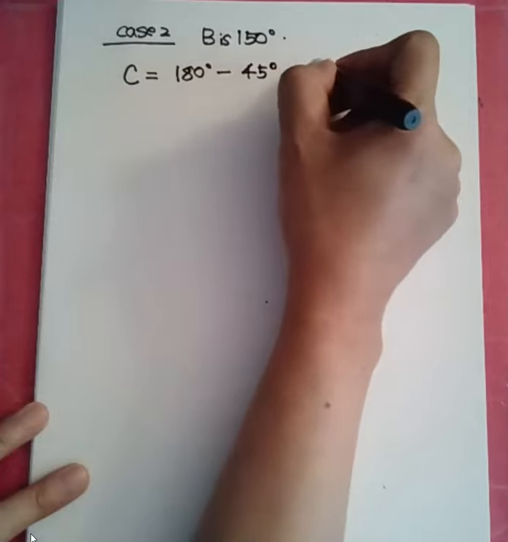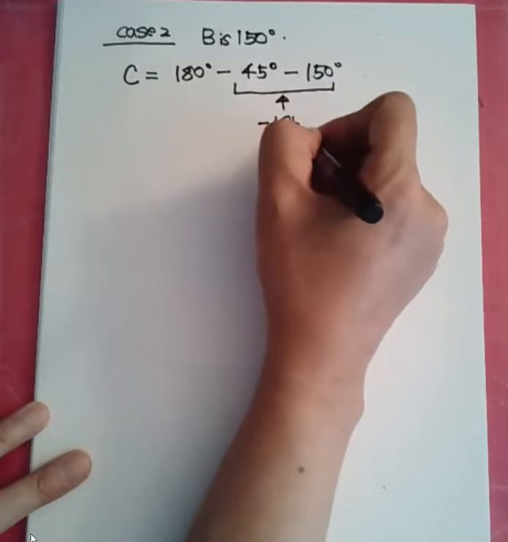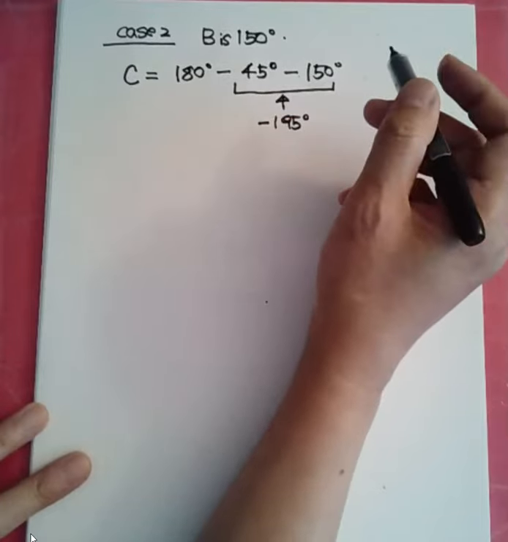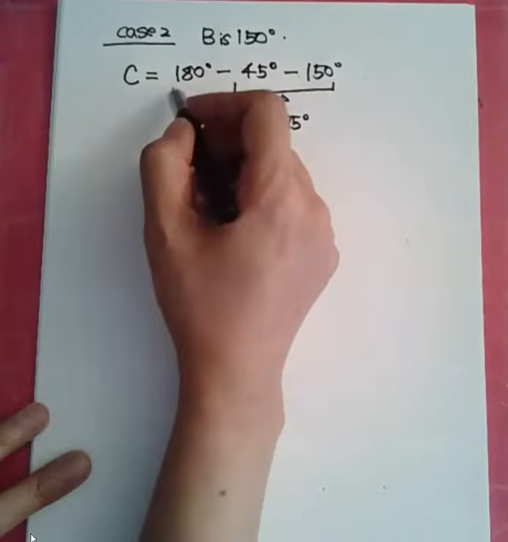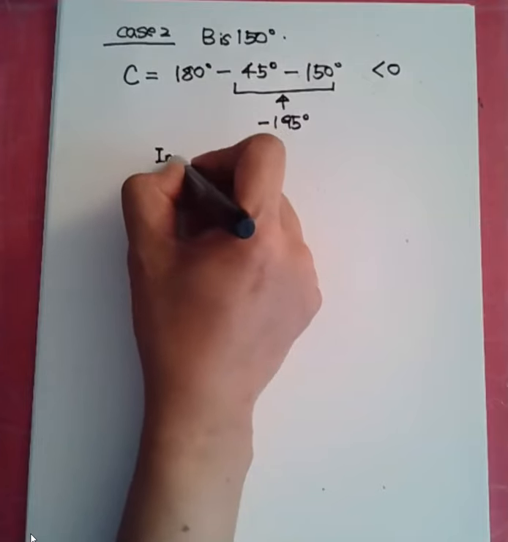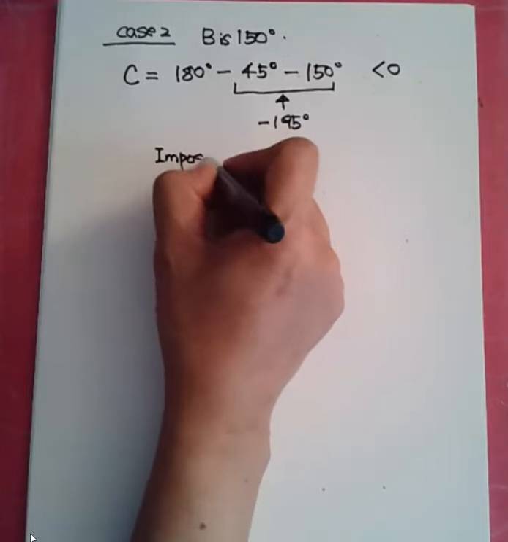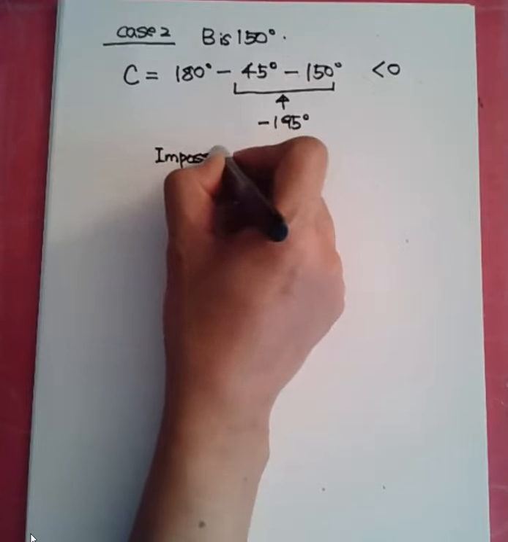If you add these two negative numbers, that will be minus 195 degrees. So when you add them up, that will become negative. There is no such negative angle, so that is impossible. That's the reason. In this case, the solution is unique.